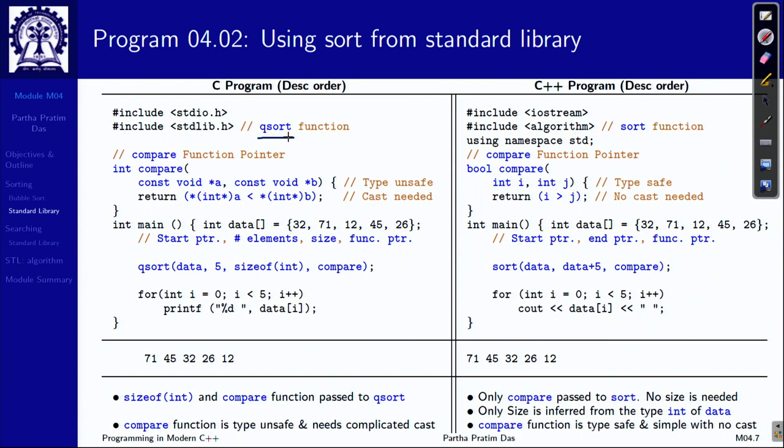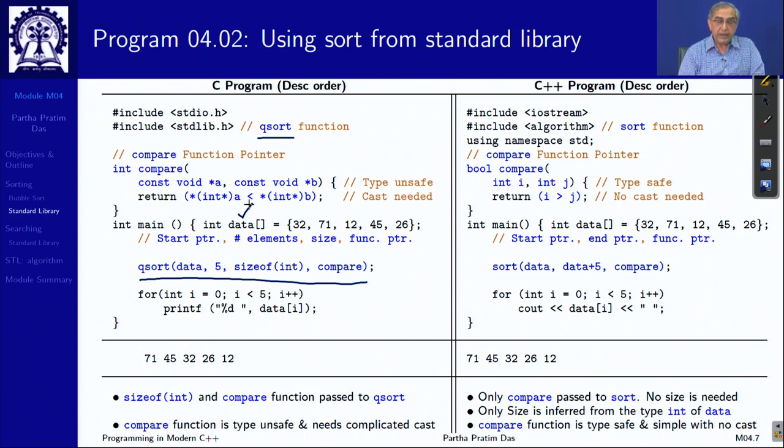So, we include that header. Now, this is how you invoke the quicksort function. What we intend to do is, we have a data array which we have initialized with 5 elements, and we want to sort that array. What are the things that we need to know? Obviously, quicksort needs to be told what the array to sort is.